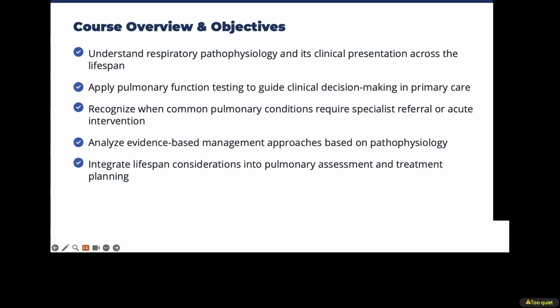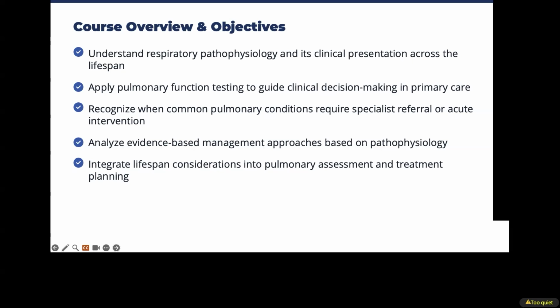We're also going to take a look at evidence-based approaches to look at how we manage things like, why do we do the things we do? Why do inhaled corticosteroids benefit something like type 2 inflammation and asthma? Or why do we recommend smoking cessation as the only intervention proven to slow COPD progression?